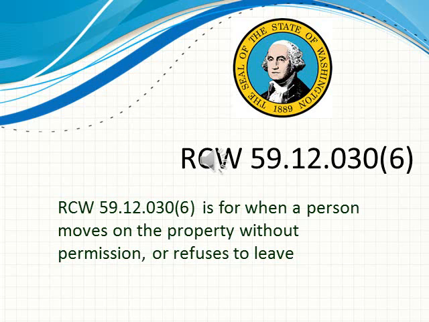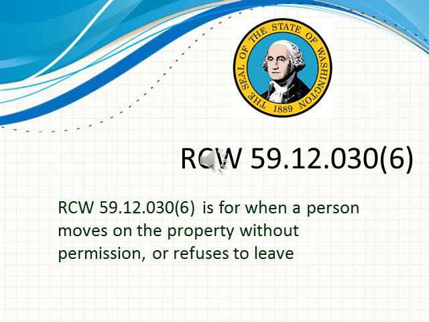So, for example, if you serve a 3-day notice for non-payment of rent and the tenant does not pay the rent, and then the tenant vacates, but he has some people that have either moved onto the property after the notice was served or that resided in the property at the time the notice was served, you don't need to serve a notice under subsection 6 because the people are not on the lease.